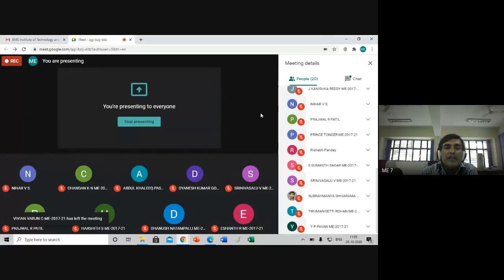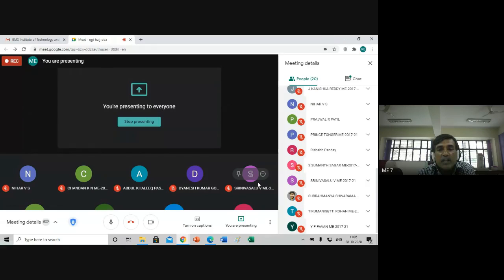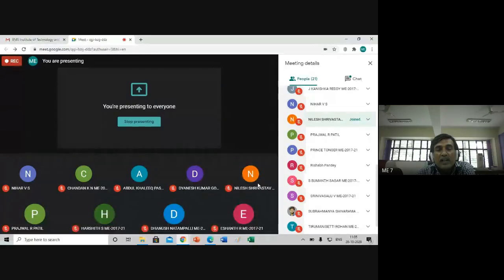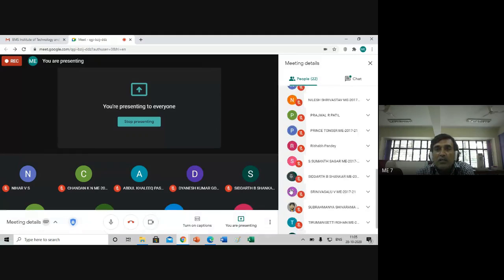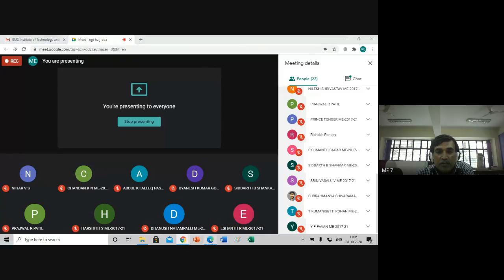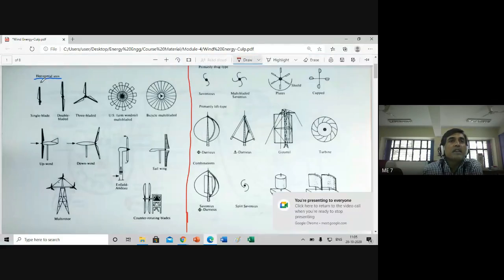In the horizontal axis wind turbine, the suitable types of blade design, that list of figures has been given. The type of blades suitable for the vertical axis are also listed. You look at that diagram now. Okay. This is the horizontal axis.